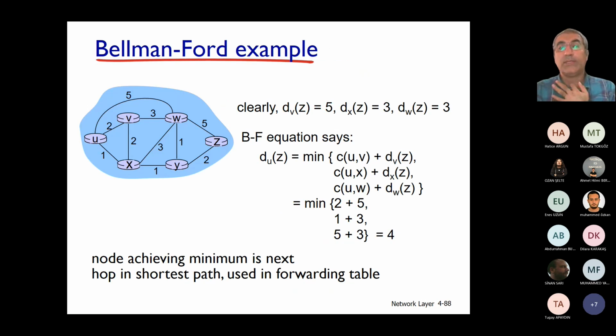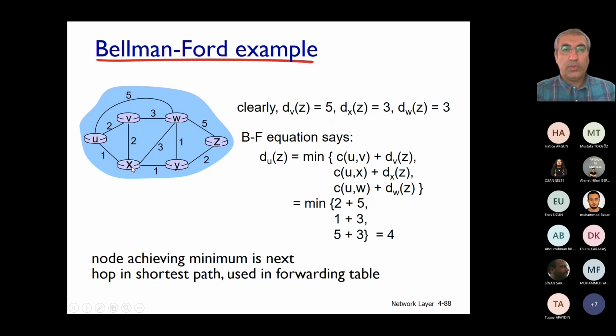Let's look at how it works, with an example. First of all, let's give some distance vectors, like dv(z), that means from v to z, is 5. How to calculate this?